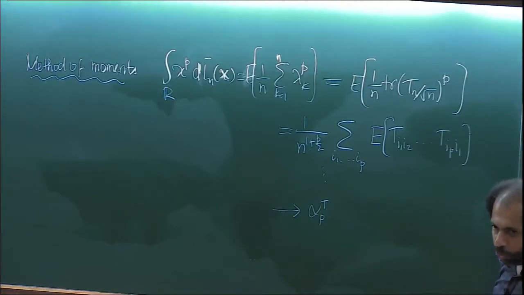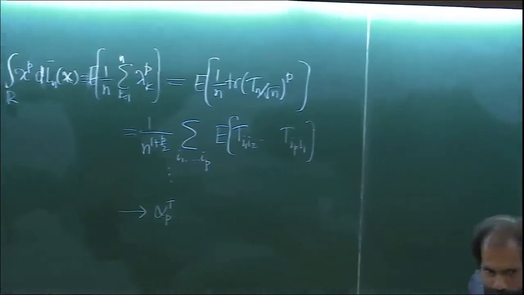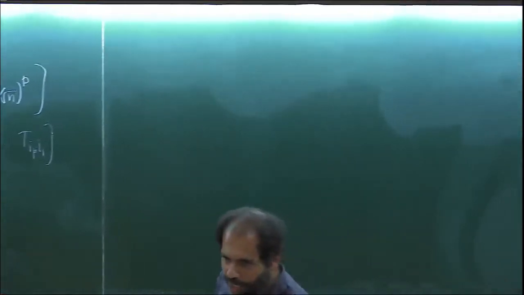For the even ones, to calculate alpha_{2p}, it is written as a sum of about p factorial integrals. Each of the integrals is over [0,1] to some power p or so. So it is a very complicated expression. We don't have a handle on it. The p's are integers. Yes.